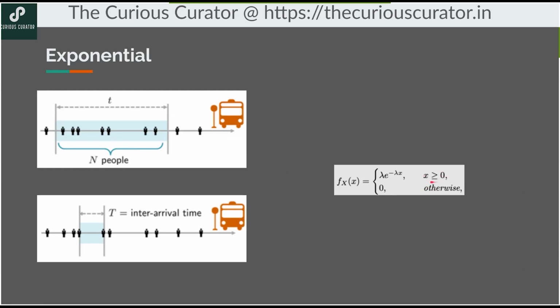It can be used when you want to model something which is positive. Because in the end, these are standard distributions. It will never perfectly align with what you want to do, but it is an approximation. It's a model. So if you want to model something positive and continuous, you can use exponential.